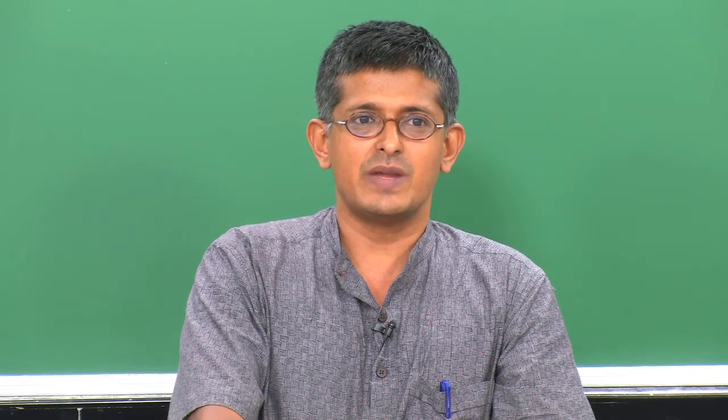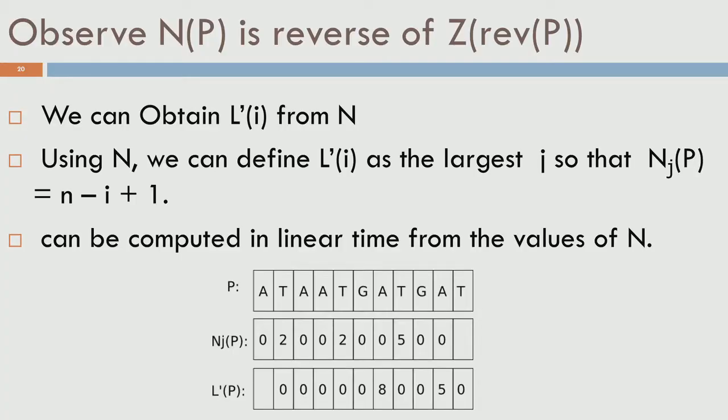And recall that I have just mentioned that the z array will always be relevant to the reversal of P. In other words, it will turn out that the reversal of n of P is exactly the z of the reversal of P, which is what we have seen in the previous example.